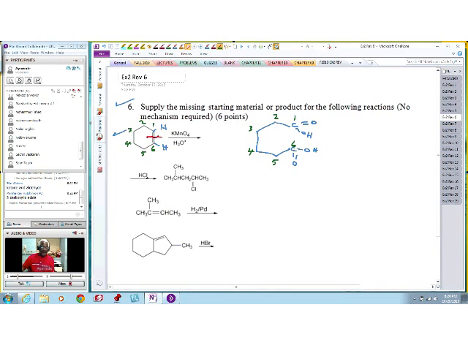Okay, so about this one here, I believe we did this in class on Thursday. Okay, what type of reaction is this? What does this reagent do?